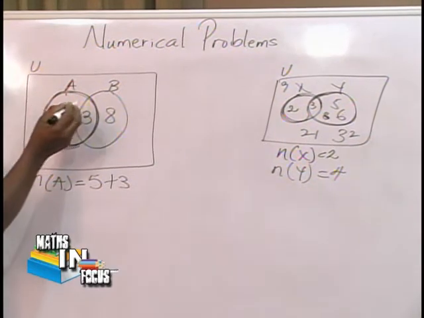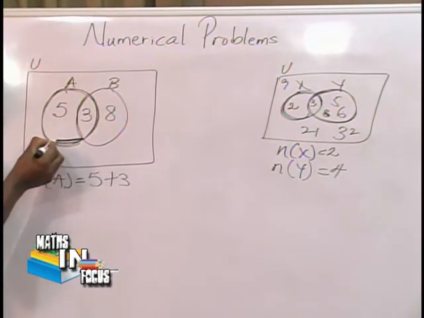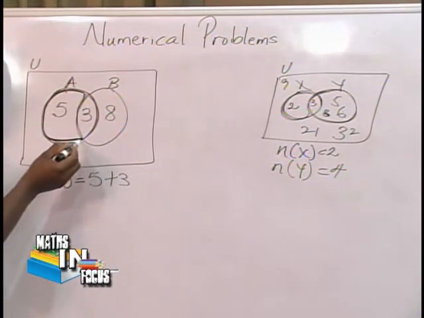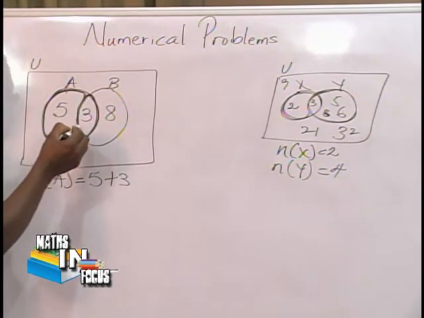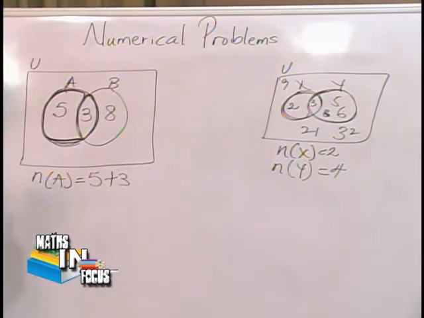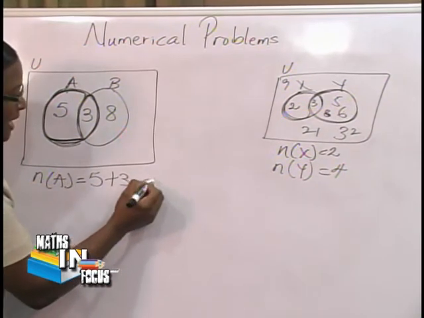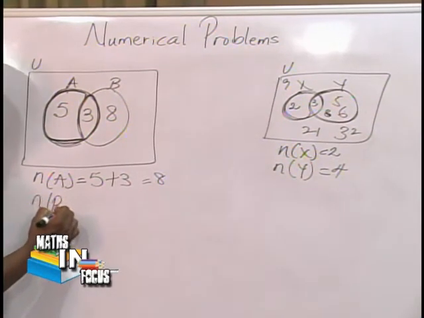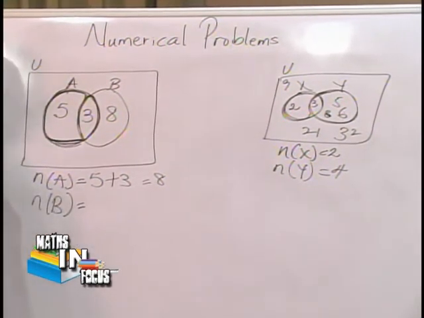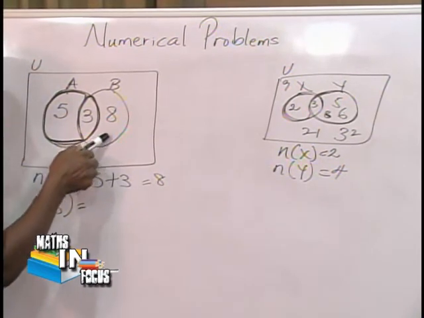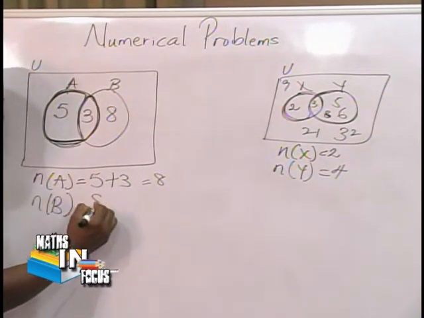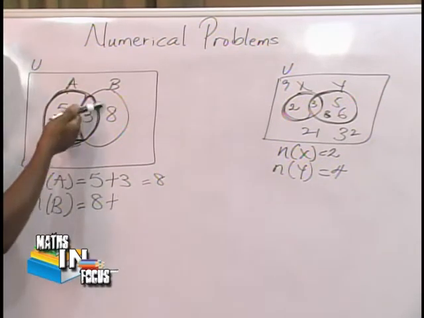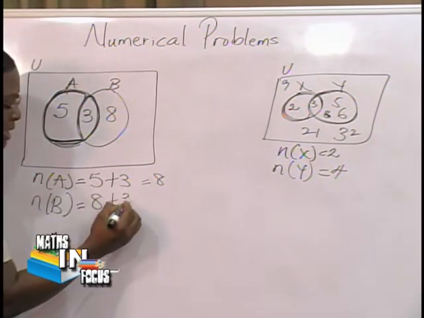The 5 represents those who are in A only, and the 3 represents those who are shared by A and B. And 5 plus 3 will give us an 8. So 8 elements are in all of A. Number of elements in B would give us number in B only, which is 8, plus the number in B and A, which is 3. And 8 and 3 would give us 11.